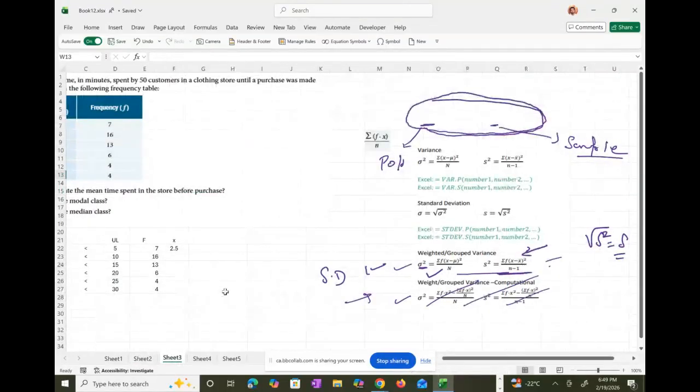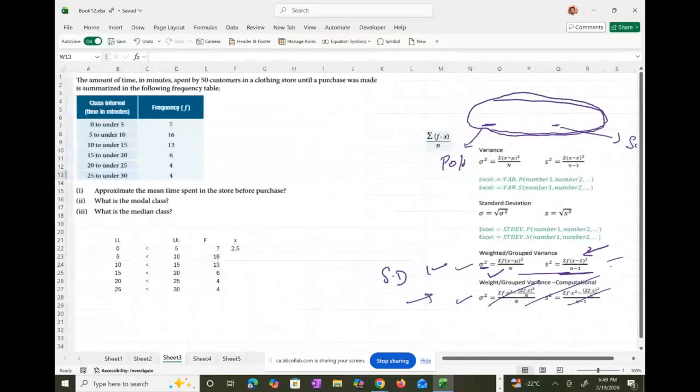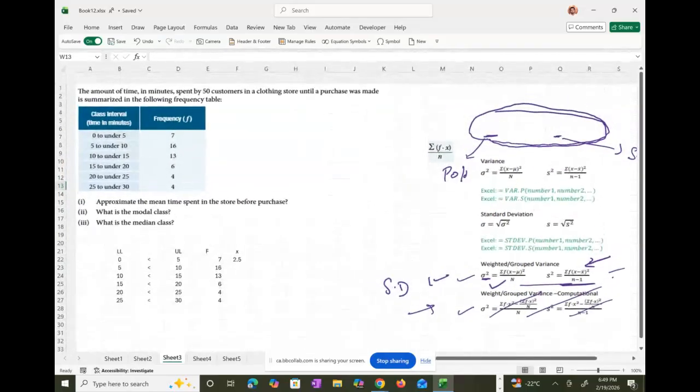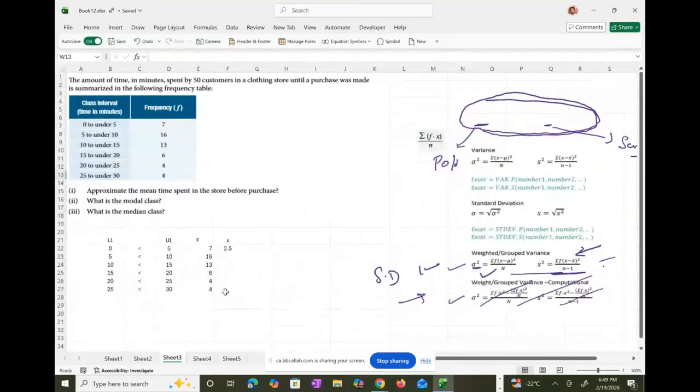Hopefully you were able to understand this question. Now let's look into question number 3. Down here, this is a frequency distribution table. Now, how to calculate the mean value from this? First of all, I have to calculate the x value. So I'll put the data which is given here in this format on the Excel sheet.